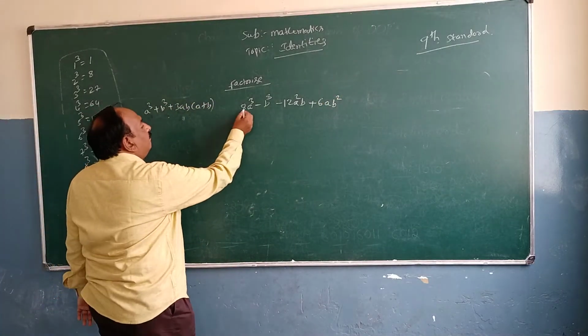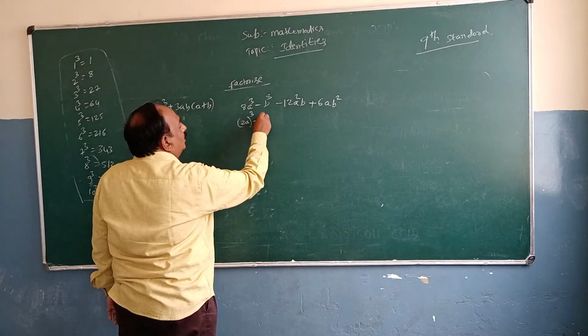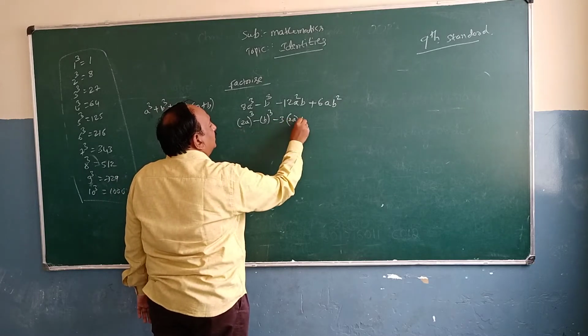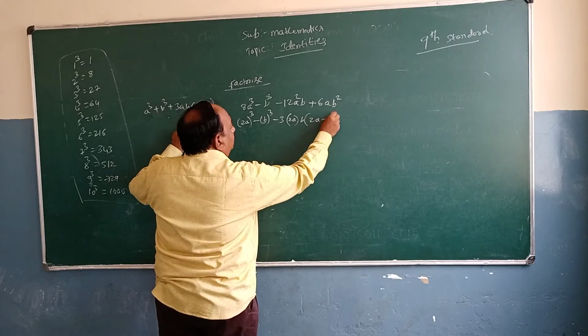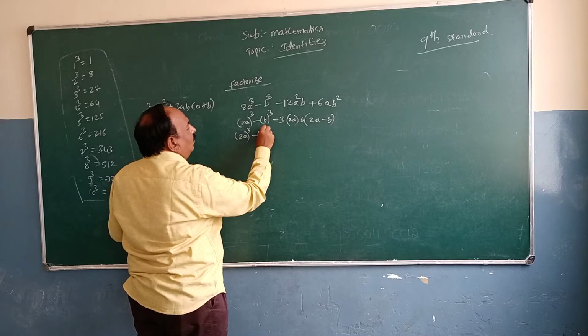The cube root of 8 is 2a whole cube. b is b whole cube. 3 into a is 2a, this is b into 2a minus b. 2a whole cube minus b whole cube.